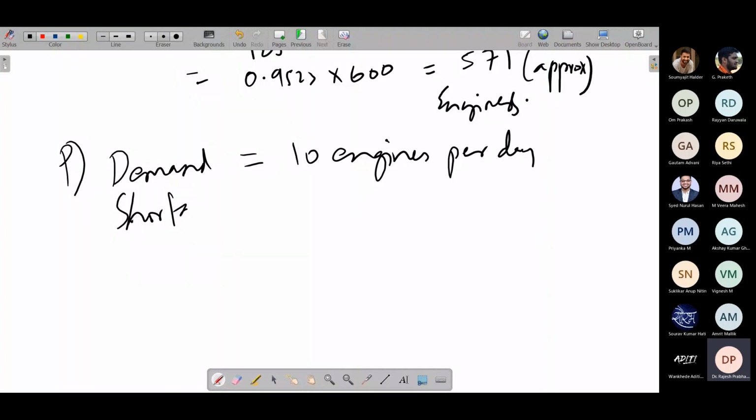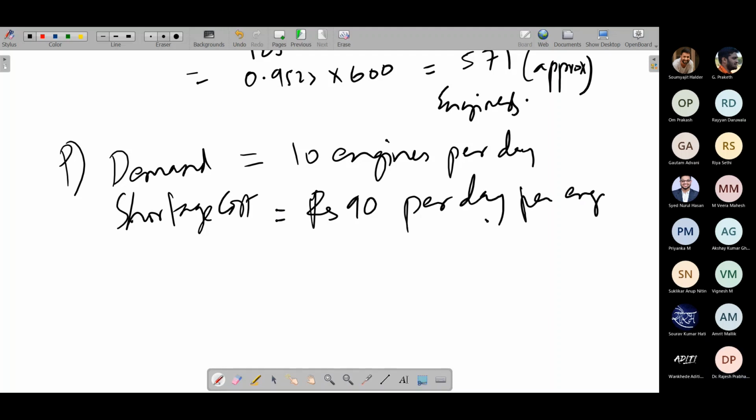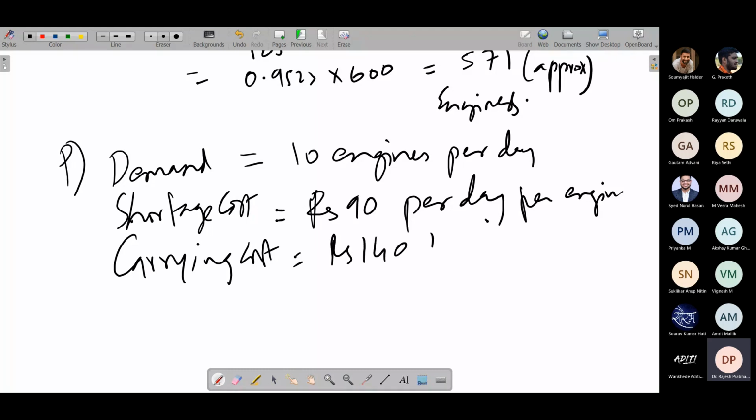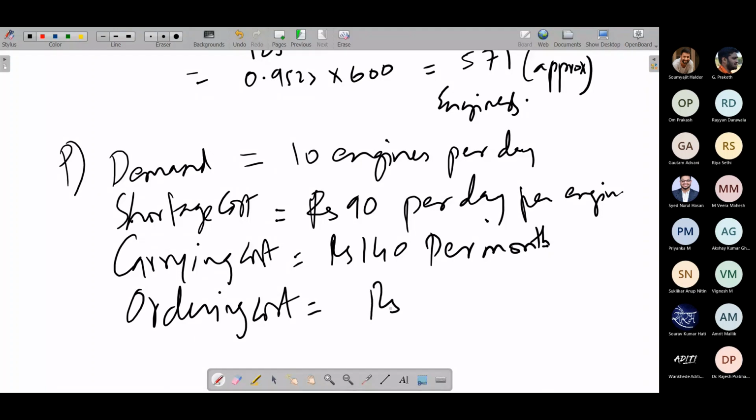Shortage cost is rupees 90 per day per engine. Carrying cost is rupees 140 per month. Ordering cost is rupees 150 per order.